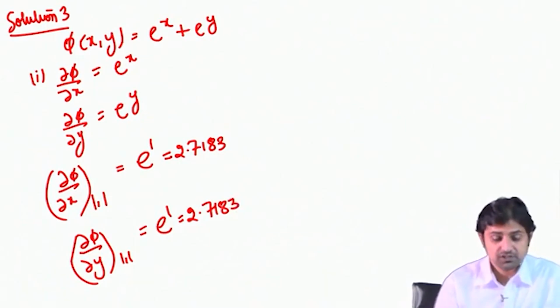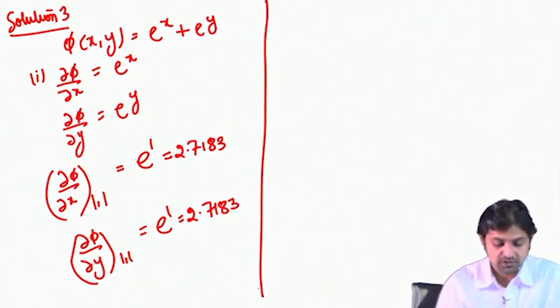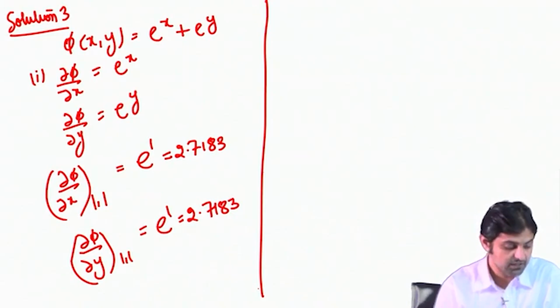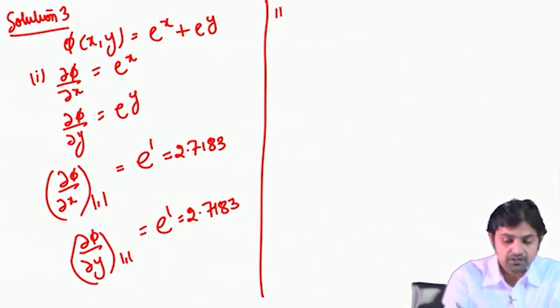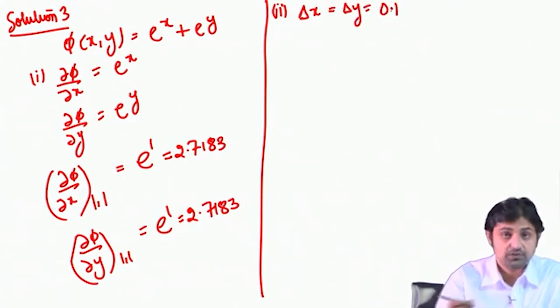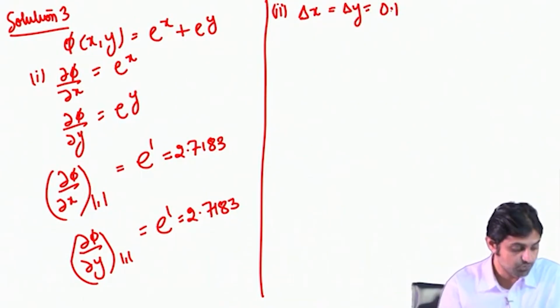So that was our first question, that we have solved the values of del phi del x at 1 comma 1, del phi del y at 1 comma 1. In the second part, we have been given that delta x is equal to delta y is equal to 0.1.